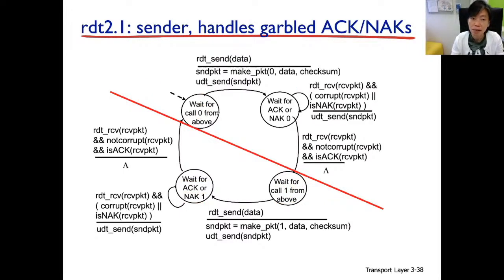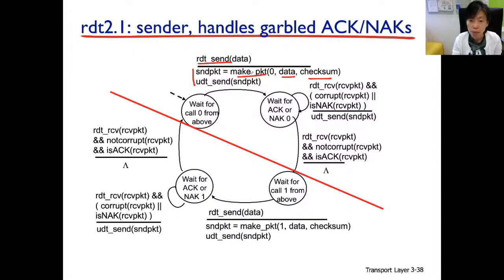And as a result, when we get a call from above, so the application calls RDT send data, that will then trigger these actions to occur. So we'll be making packets, taking data, and we do the checksum, right? This is in order for the receiver to check and see if the receiver sends ACK or NACK.